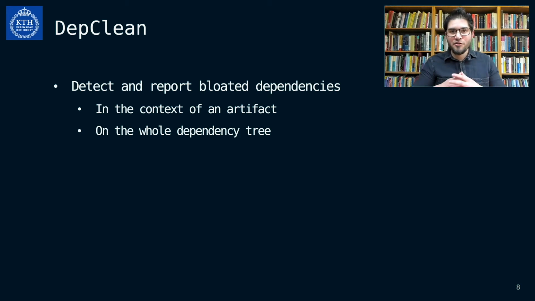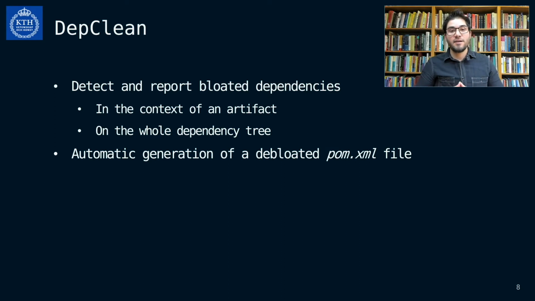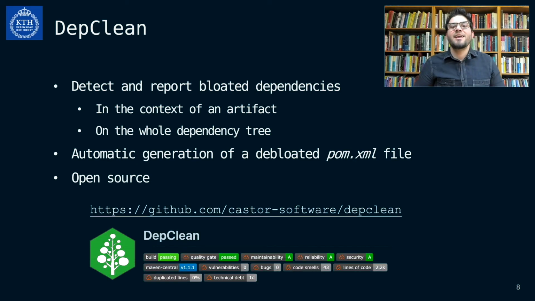Another important feature of DepClean is that it produces an alternative pom.xml file with all the bloated dependencies removed, so developers can use this POM file directly in their projects. And of course, DepClean is open source, so it is publicly available on GitHub.